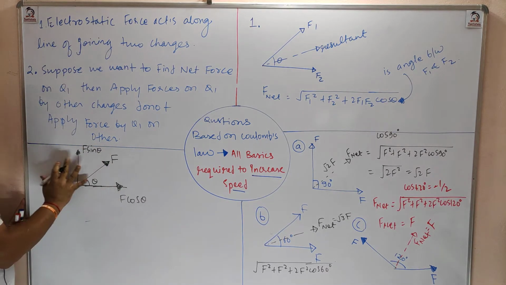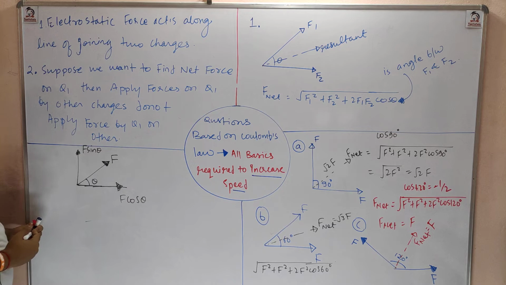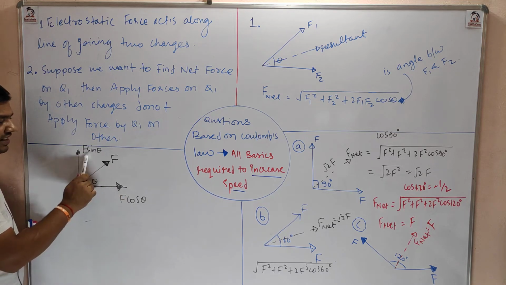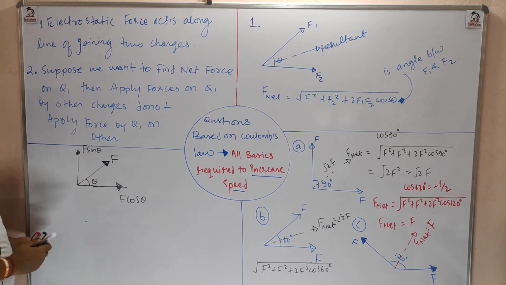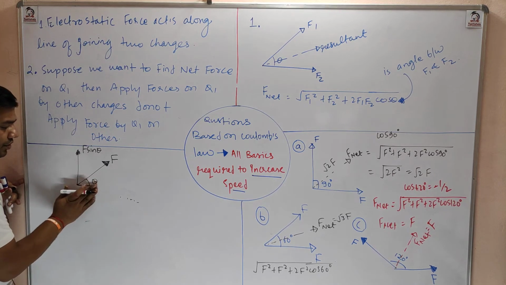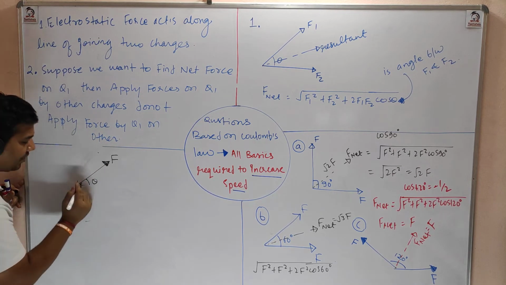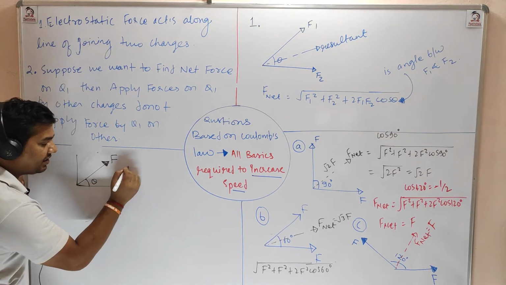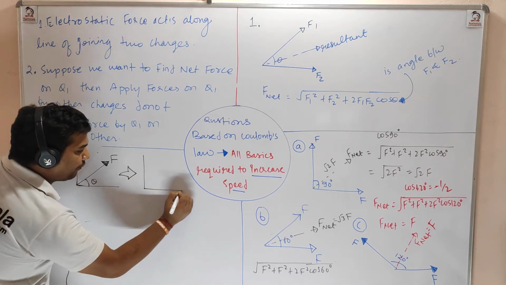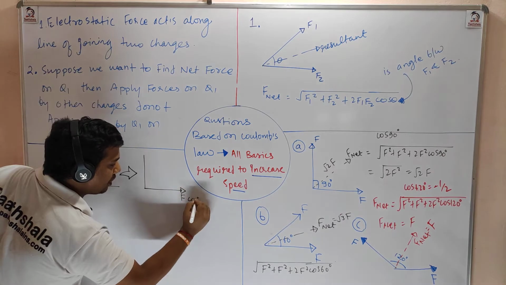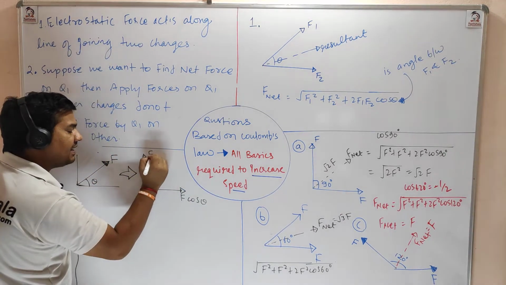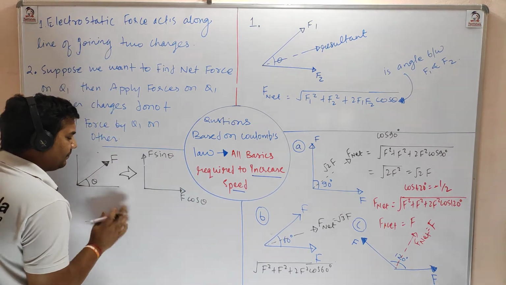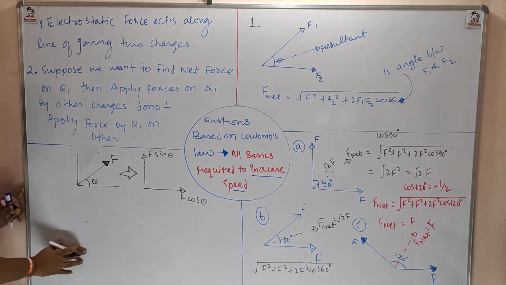You can use F cos theta and F sin theta in place of F. So in place of this one force we can use two forces, F cos theta and F sin theta.